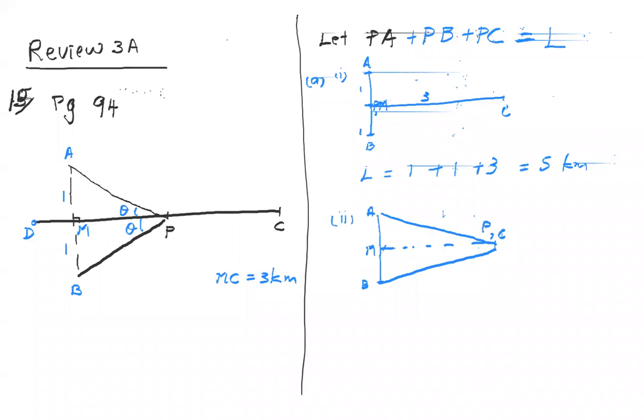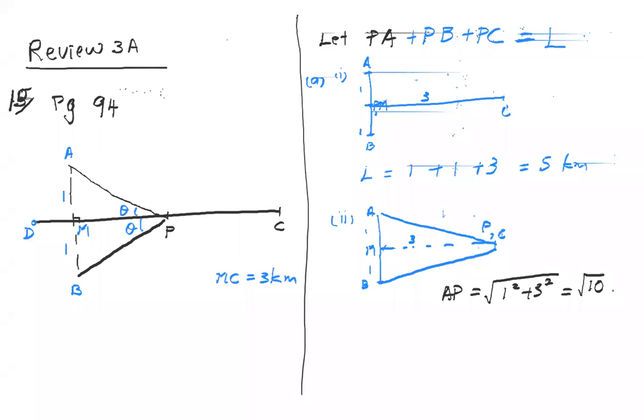Right? So here is 1, 1. So if here is 3, how are you going to find AP? You use Pythagoras theorem. So AP is equal to square root of 1 squared plus 3 squared. So it's square root of 10.